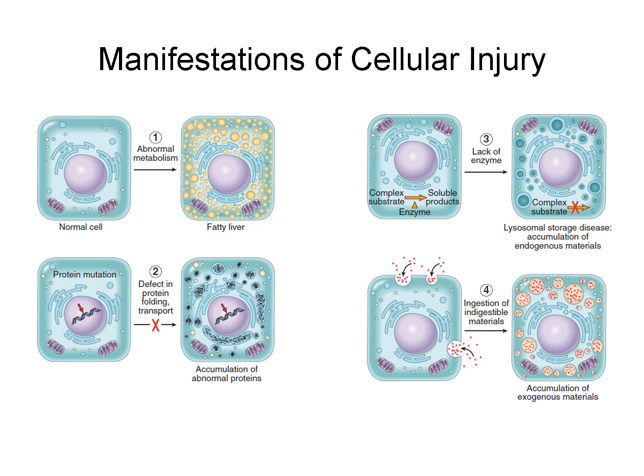Protein mutations can cause defective folding or transport, resulting in the buildup of abnormal proteins inside the cell. Finally, the ingestion of indigestible materials, such as certain environmental particles, can overwhelm the cell's ability to clear them, leading to the accumulation of harmful exogenous substances.